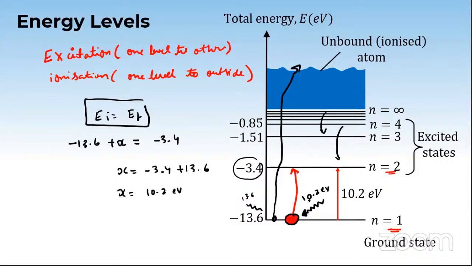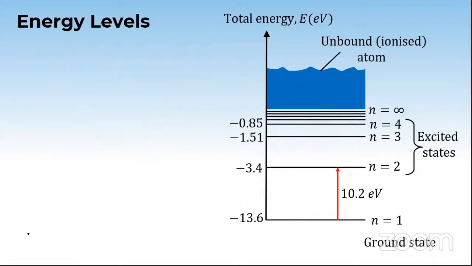Okay, but remember, you take the energy here, and you are sending it to this electron. This electron is going to absorb it and go to a higher energy level. You might ask me, sir, which is the higher energy level, which is the lower energy level? I can tell you that this here is the lowest energy because it is minus 13.6, and this is a bit higher. These are the higher energy levels.